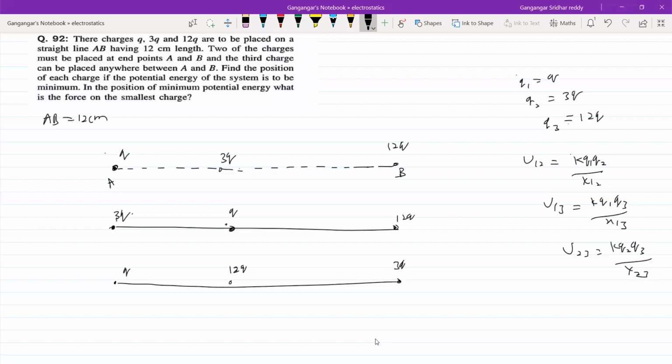So which one will give the minimum potential here? I think when the charges which have more magnitude are separated by a larger distance, then the potential will be minimum, no? Because for all three cases, the product K Q1 Q2 will be the same. So when will the potential be minimum, I'll continue.